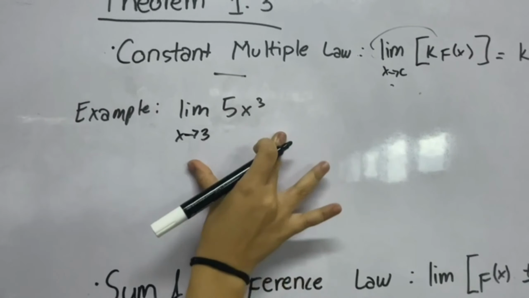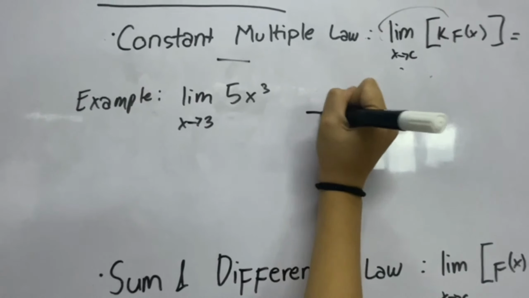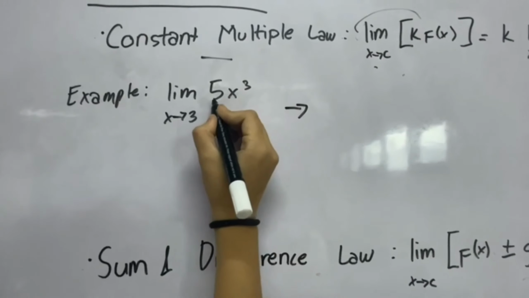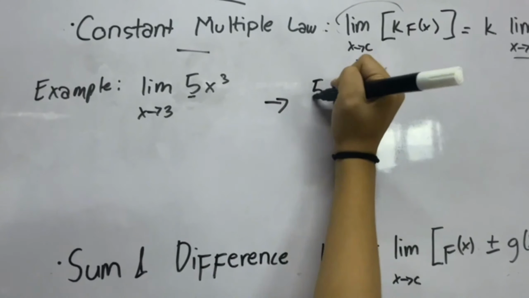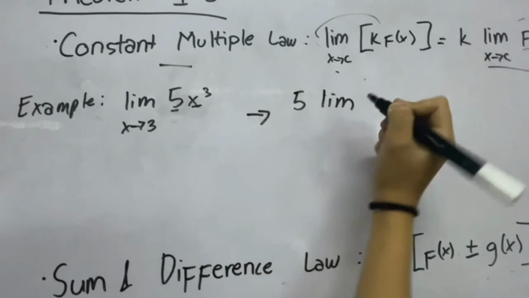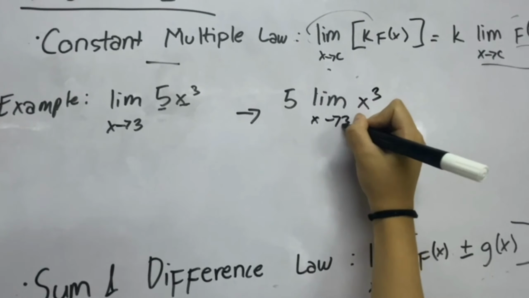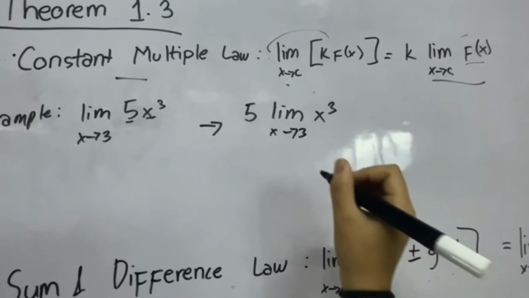In this equation, we simply apply the constant multiple law, and that would be taking out the constant outside the limit. 5 times the limit of x cubed, just copy the variable, and don't forget the value as x is approaching 2.